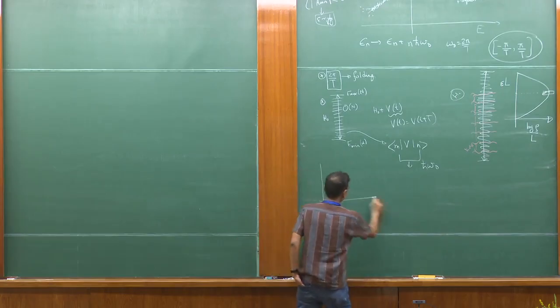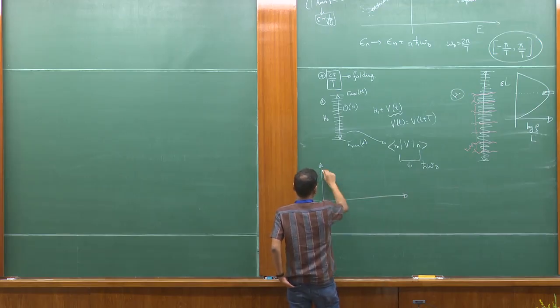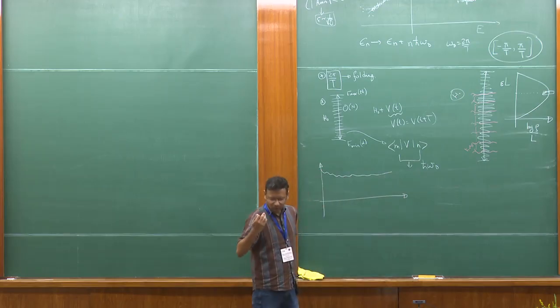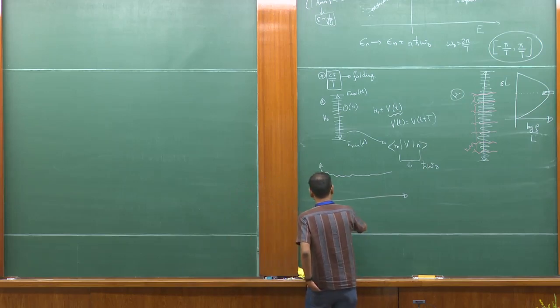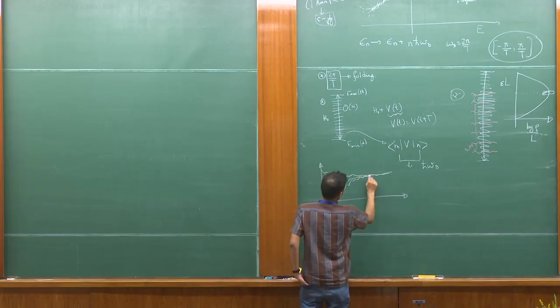So remember, we drew this graph for the undriven problem. Let's say you take a bunch of initial states and you just let them go, and the initial states share the property that they have the same energy density to start with. Then something like this happens if you wait an order 1 amount of time.